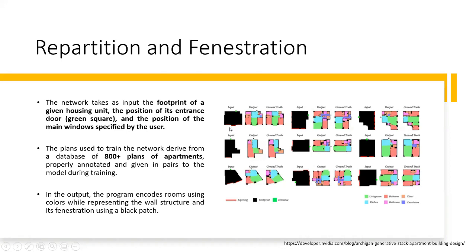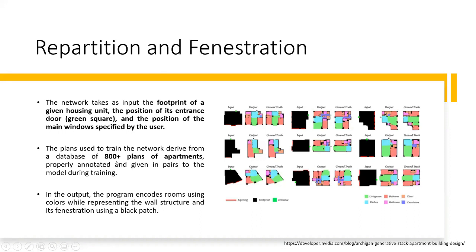For designing the fenestration and partition, the model will take the input of this footprint, the entrance in green color, and the fenestration, and it will give the designed floor plan. For training this kind of model, they have used more than 800 plans of apartments, properly annotated. Annotated means labeled.